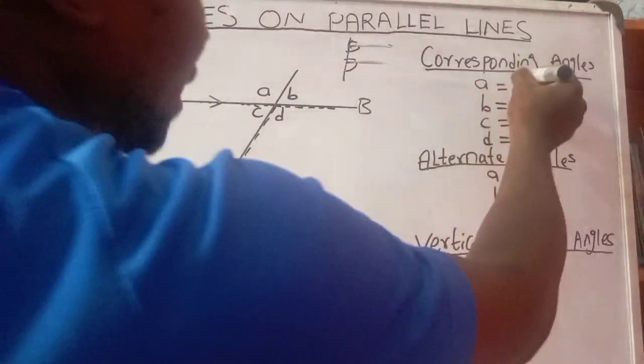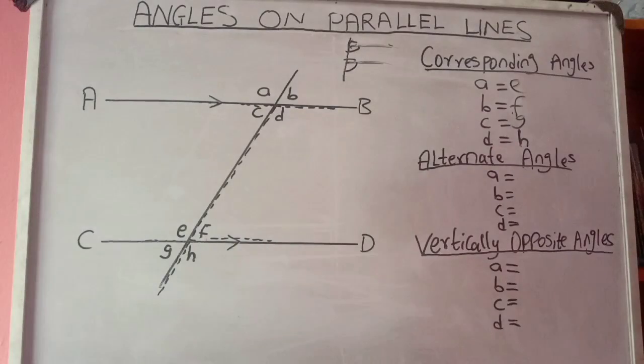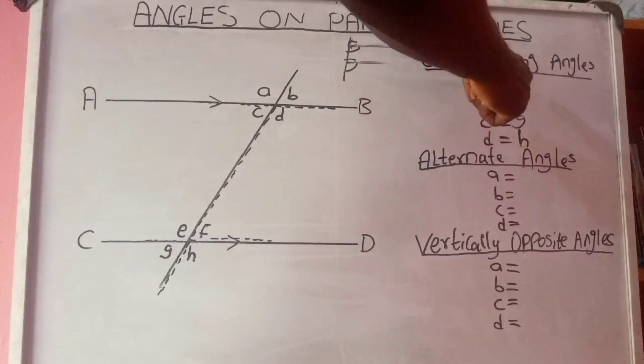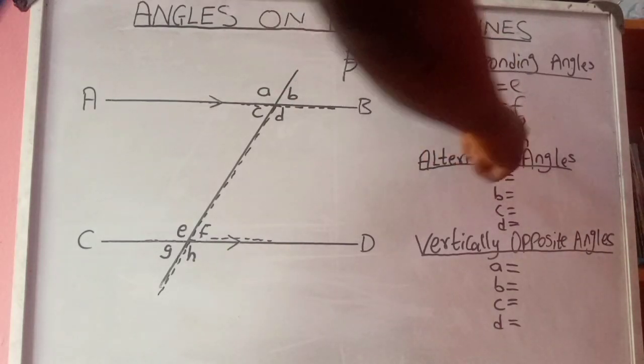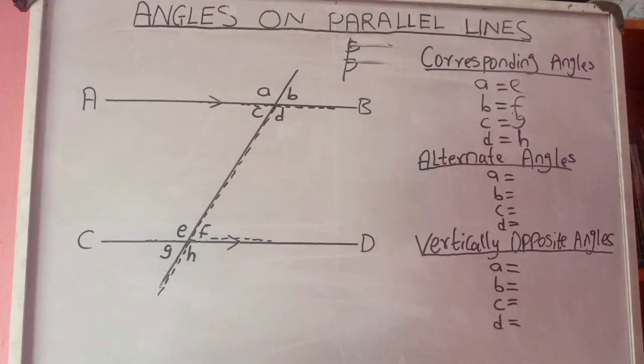E. So we can say that A is equal to E. So these are called corresponding angles, and we know that corresponding angles are equal. So I can say that A is equal to E, B is equal to F, C is equal to G, D is equal to H. They are called corresponding angles.